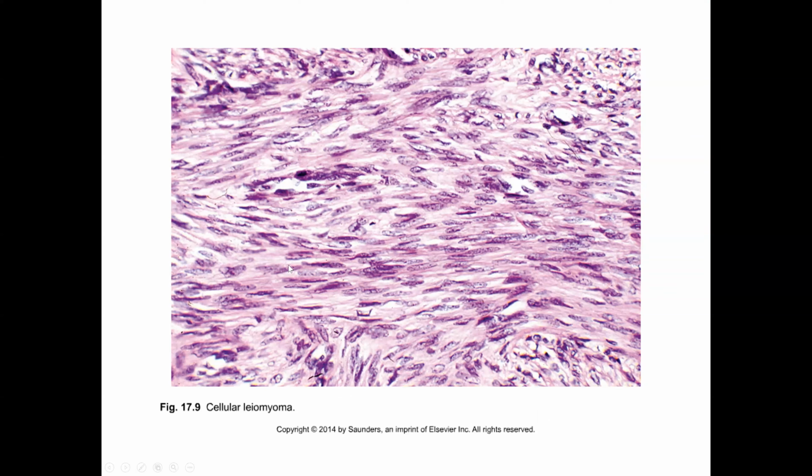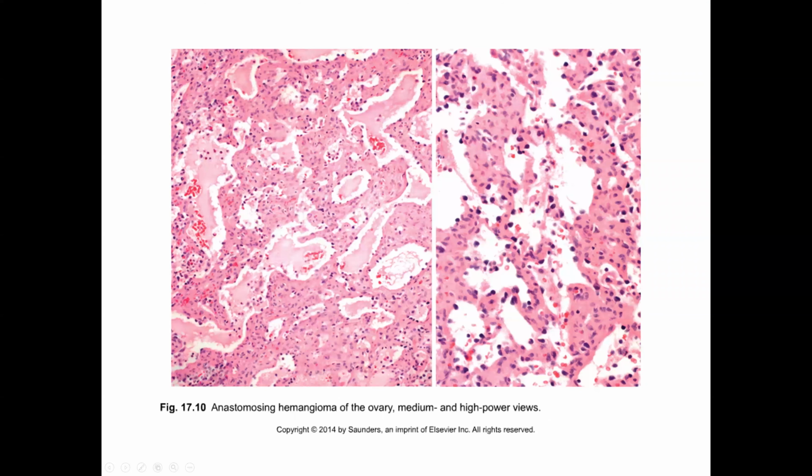Another lesion that we occasionally see in the ovary is leiomyoma. Cellular variants can occur here, so don't leave that off your list of spindle cell tumors. Vascular lesions like this anastomosing hemangioma or other vascular anomalies can also occur in the ovary. We mentioned that on the very first, that the vascular tumors, stromal tumors of non-ovarian origin can occur here.